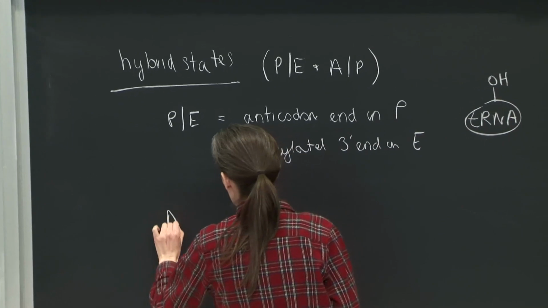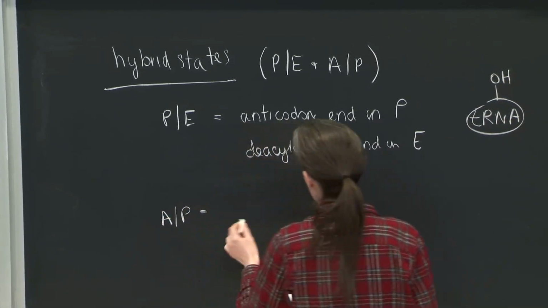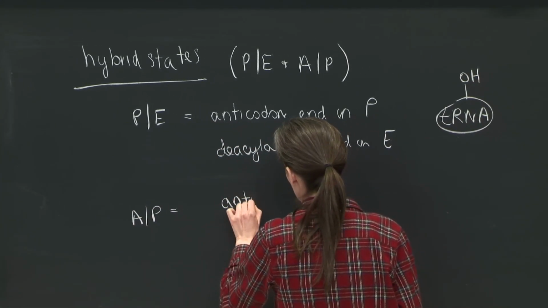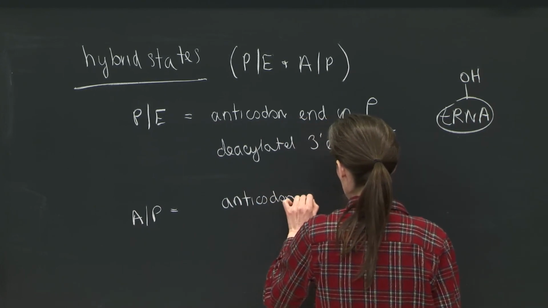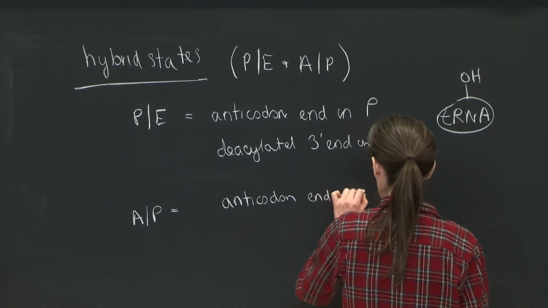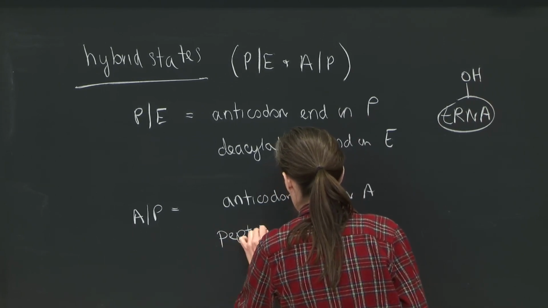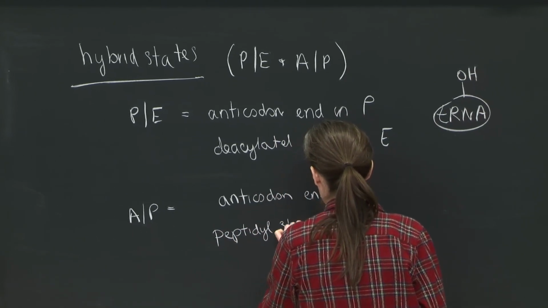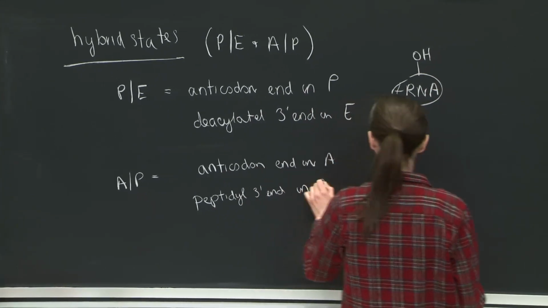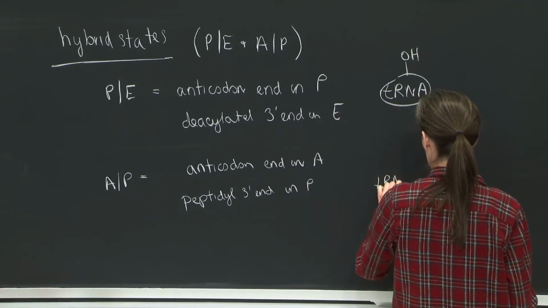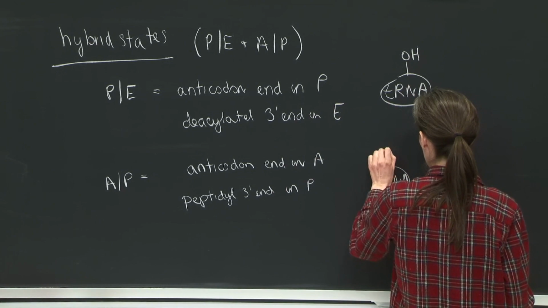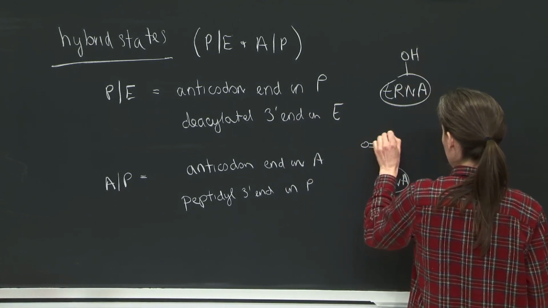Okay, so here we're referring to this tRNA that ultimately needs to get ejected from the ribosome. And AP, we have the anticodon end in A and the peptidyl 3' end in P, okay, for the tRNA with the growing peptide chain.